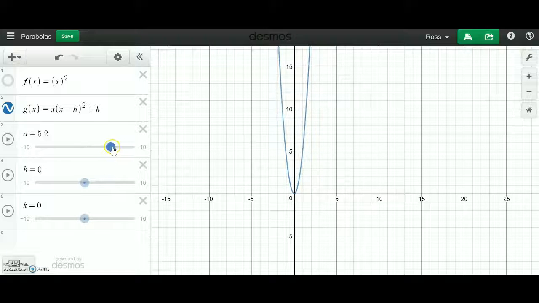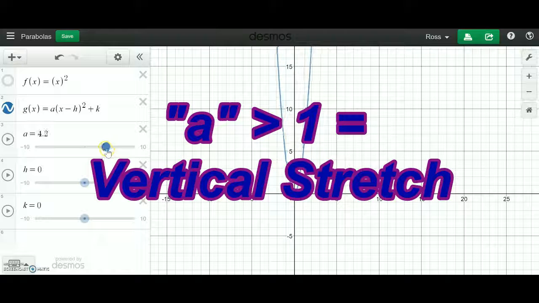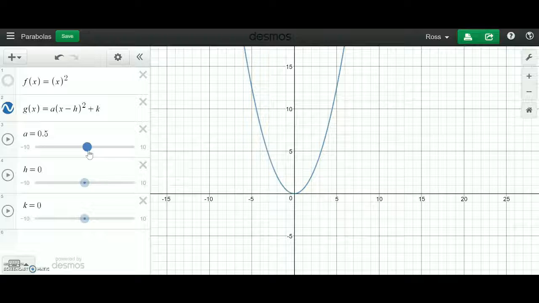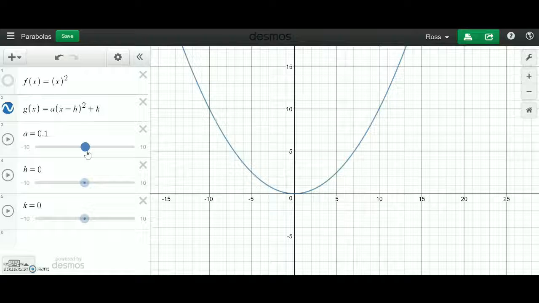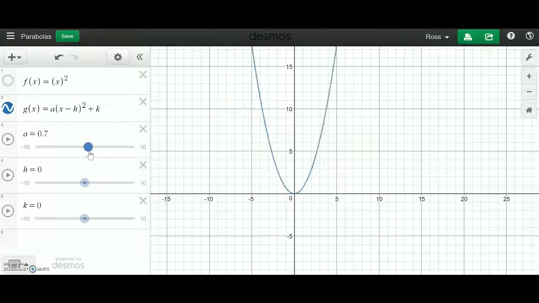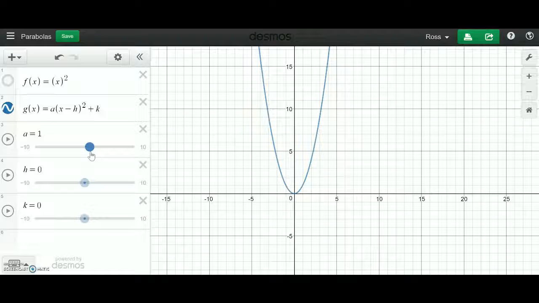It's being vertically stretched. And that's, once again, when a is greater than 1. When a is in between 1 and 0, so some fraction or some decimal value, we can see that it gets squished, it gets compressed. You can imagine a really heavy weight being on top of this parabola.